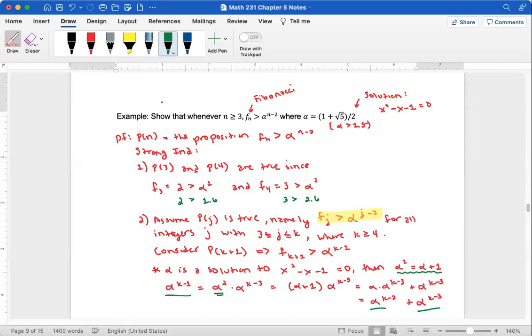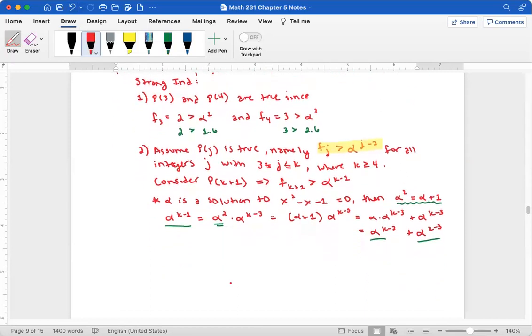Okay, that's useful because I want to backtrack now and bring in the Fibonacci numbers. So by our assumption, and I did notice that the book usually says by the recursive definition or by our induction step, referring to what we have claimed. I just say by assumption because we use the word assume and it feels like it's telling you to go back and look at what we assumed.